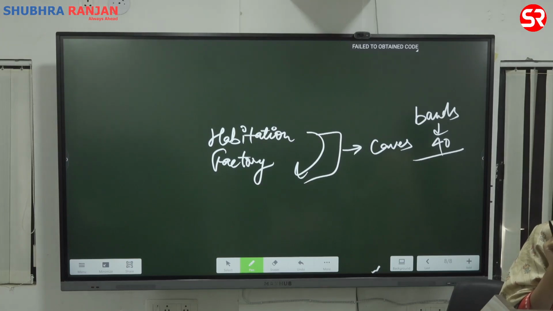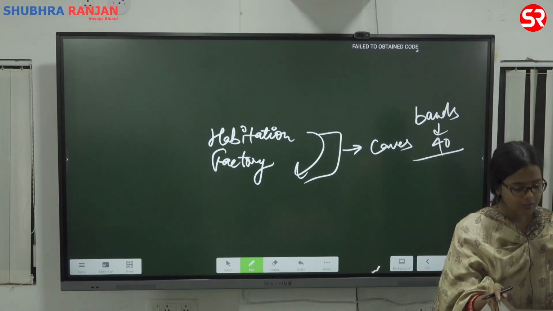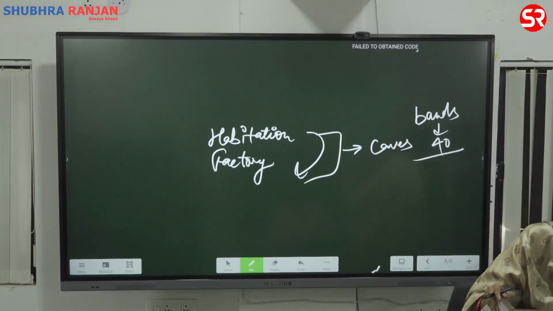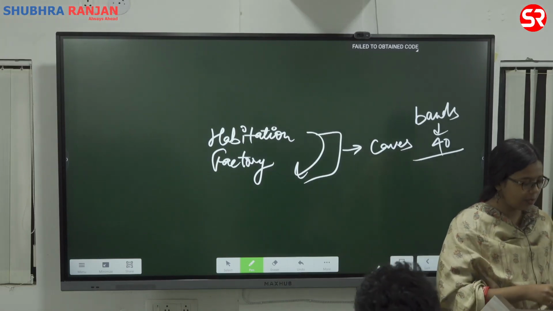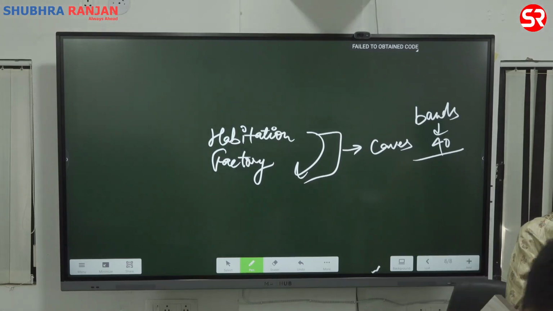What kind of polity did they have? So when you look at their polity, you will realize that there was no distinction. There was no such person who was a leader. There was no hierarchy which existed. So it was an egalitarian society where people were making collective decisions. So you can write that people were living in the band of 40.